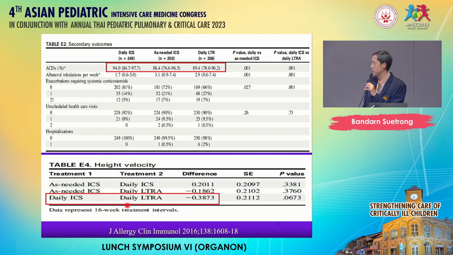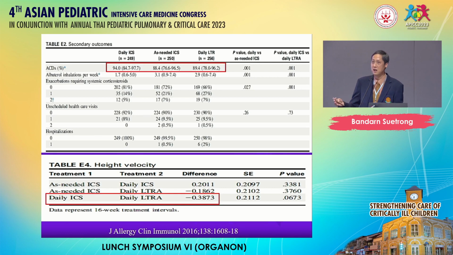If we measure the growth velocity, we will find that if we compare daily use of montelukast with daily use of inhaled corticosteroid for approximately 16 weeks or 4 months, the patient who receives daily inhaled corticosteroid will have a decrease in growth velocity of approximately 4 millimeters in 4 months, or about 1.5 centimeters a year.